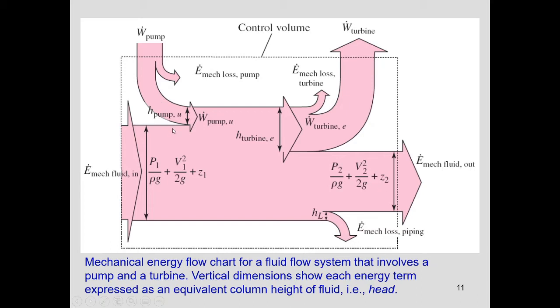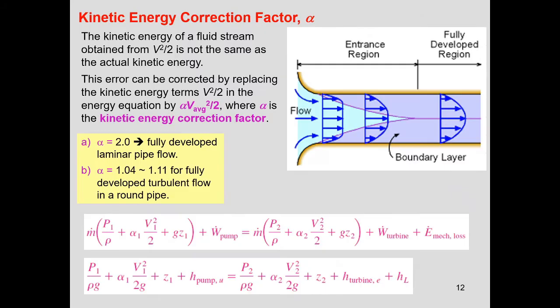When we include the pump, turbine, and also losses, work from the pump becomes another energy for the flow, while for the turbine and the mechanical losses, it is where the energy goes from the system. Another factor you need to consider here is the kinetic energy correction factor, alpha.